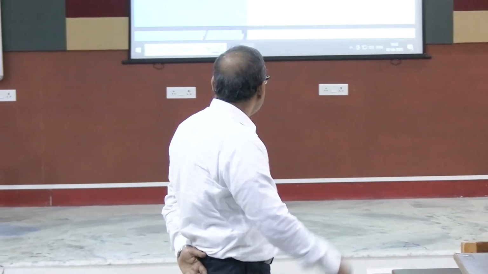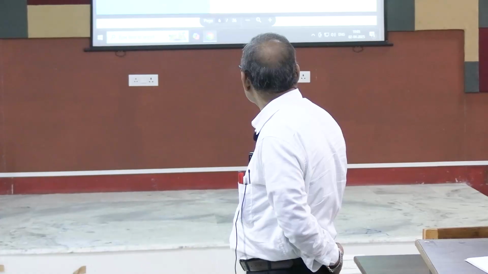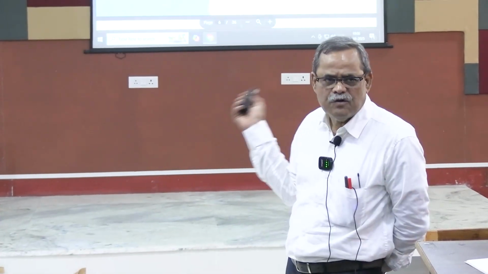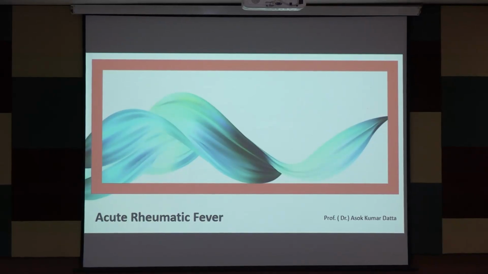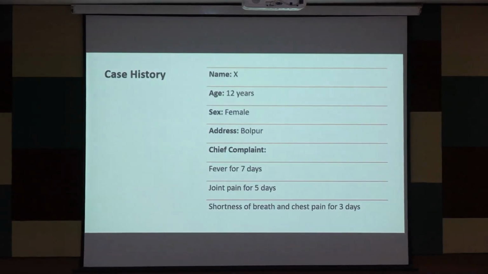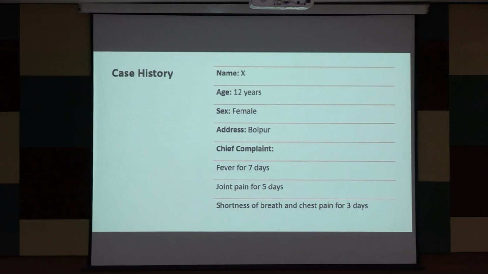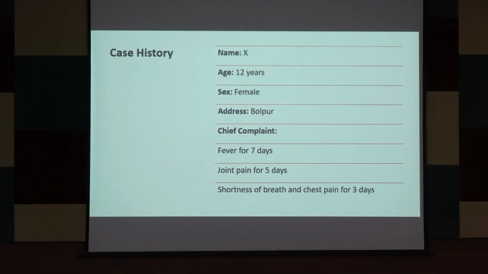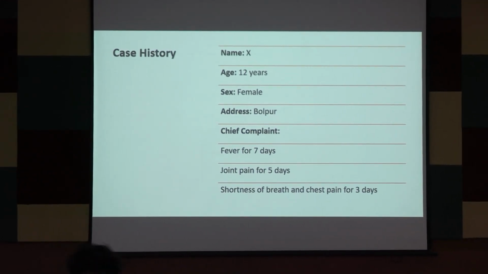Now, past history is non-contributory in this case, and family history is also non-contributory. So we are starting again and we have illustrated with the case. This is a case named X, the name is hidden, age is 12 years. So age is important in a case of acute rheumatic fever.